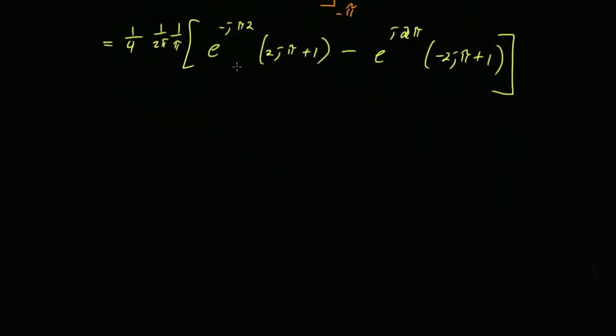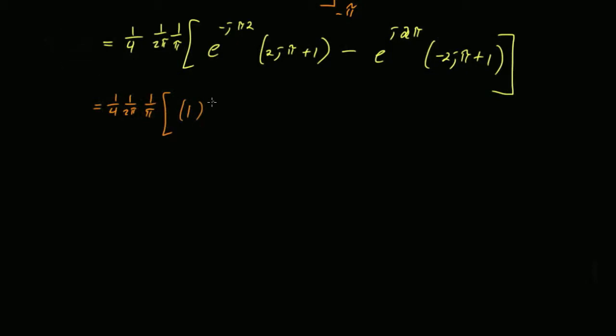Okay, so I've got 1 over 4, 1 over 2 pi, 1 over pi. Okay, e to the minus j 2 pi. Right, here's e to the 0, minus pi, minus 3/4 pi, minus 2 pi. So this number is equal to 1.